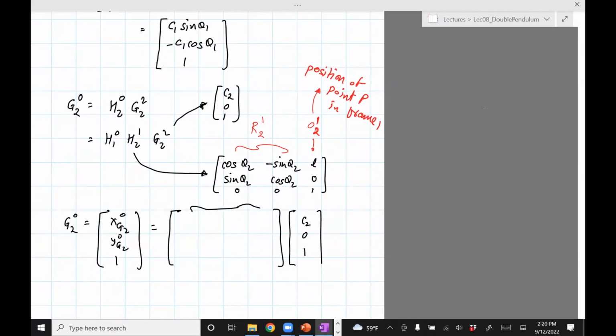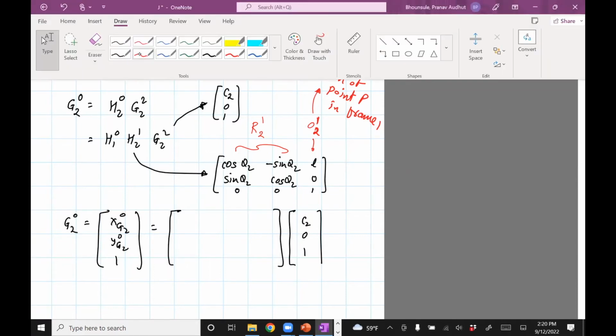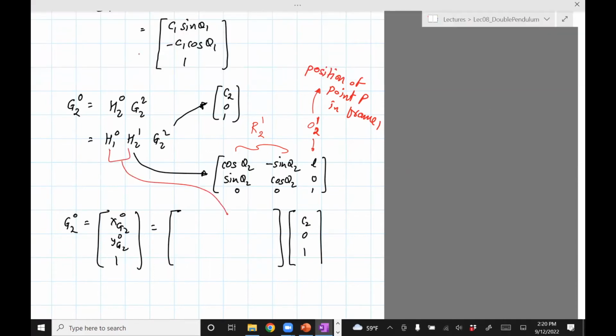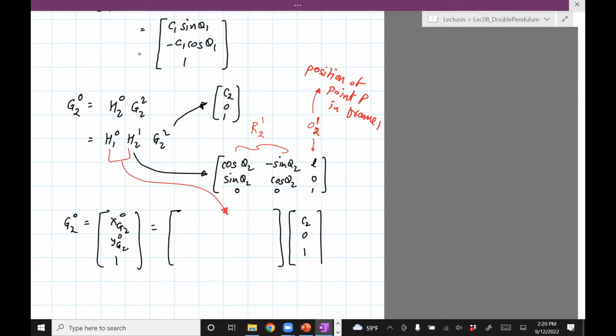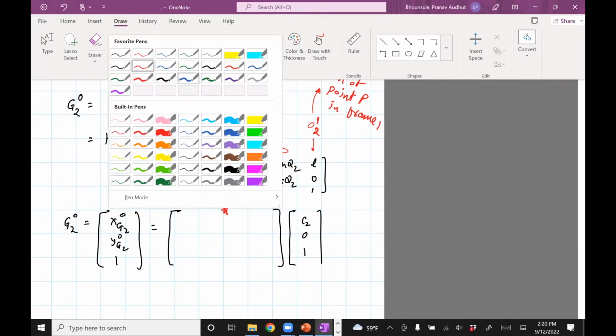This is something which you will get by taking this multiplication and putting it there. You don't have to do this because I'll show you that you can do it symbolically. You don't have to actually do any calculations.